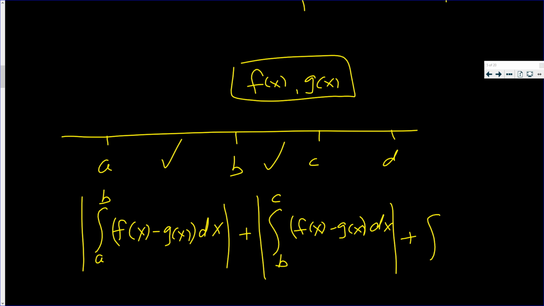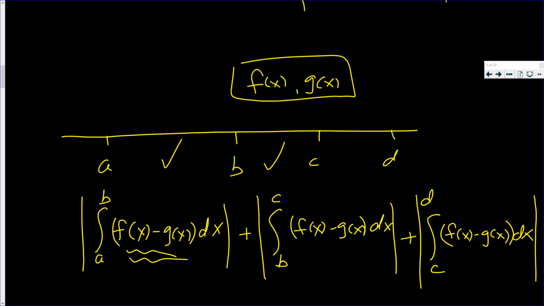absolute value. If your teacher tells you you have to graph these to know whether to do f minus g or g minus f, I want you to laugh at your teacher, okay?